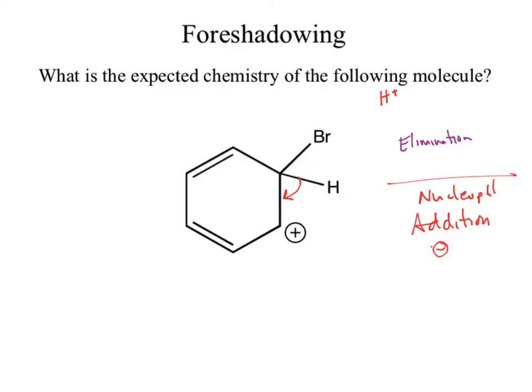There, that's the one I wanted. We have an electrophile elimination. That's how the textbook has referenced that mechanism. We've eliminated H plus, we've done an electrophile elimination, and the result of that reaction would get us an aromatic ring, and all would be right and happy with the world.